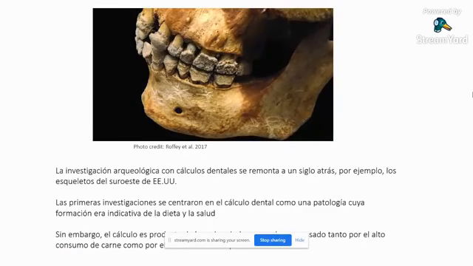Some of the early uses included work in Southwest United States in the 1920s. There's been continuing use since then, and since about the 90s, there's been a lot of interest in dental calculus as a secure depositional environment.